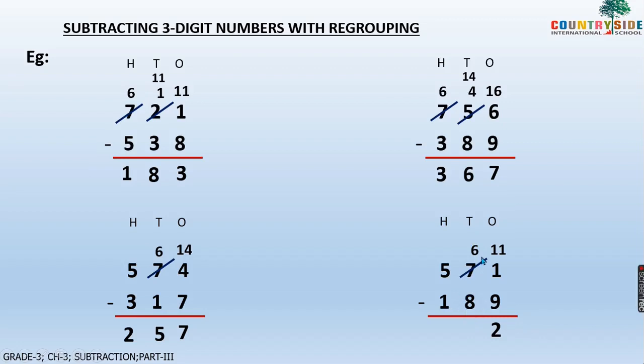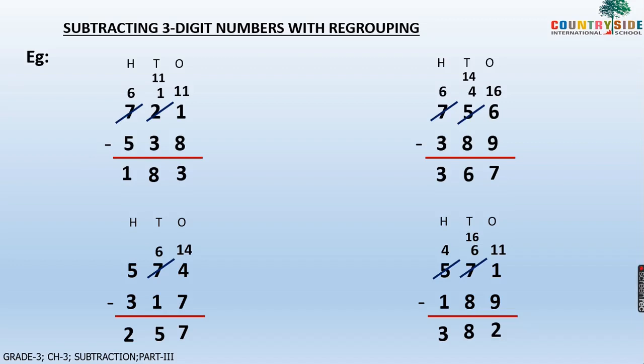So again we will cancel this 5 and it will become 4 and this 6 will become 16, as this 6 is borrowing one number from 5. So 16 minus 8 is 8, and 4 minus 1 is 3. Like this you have to do the subtraction, children, with regrouping.